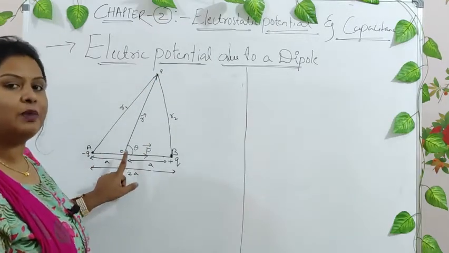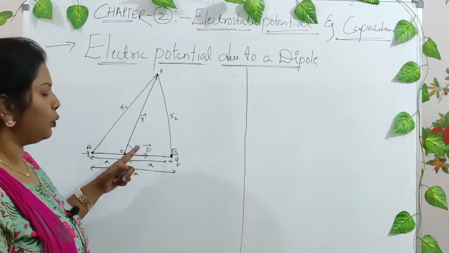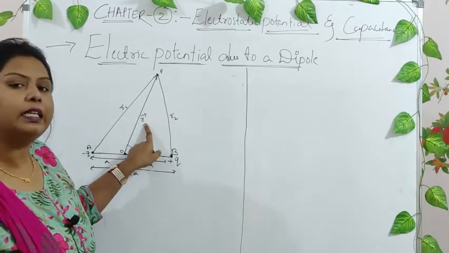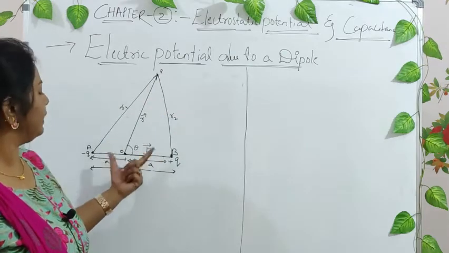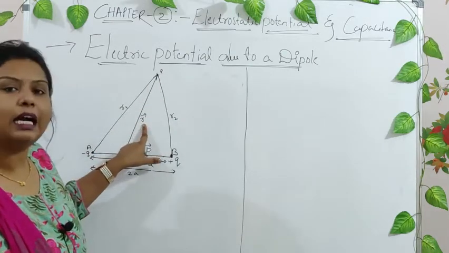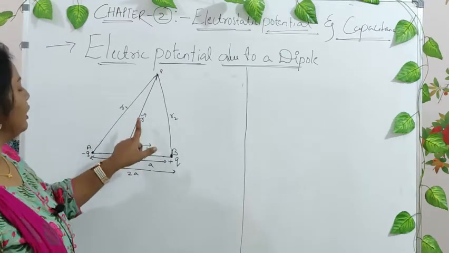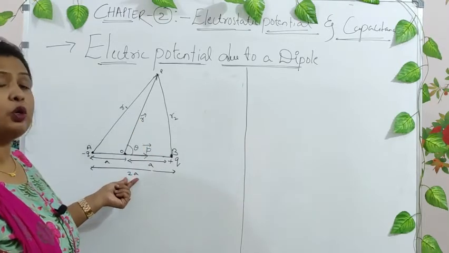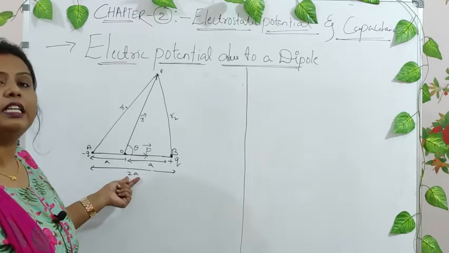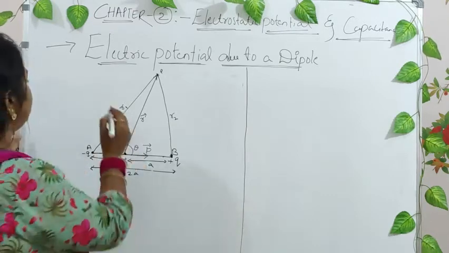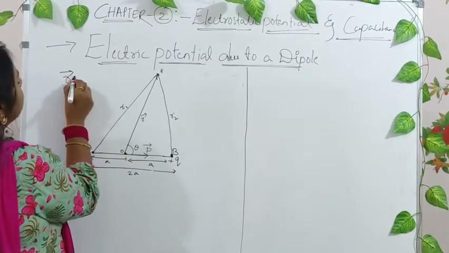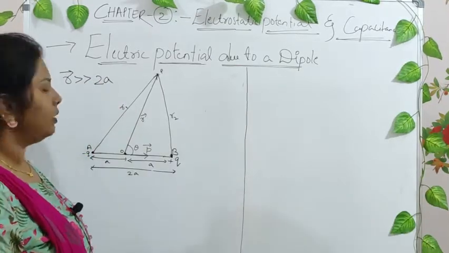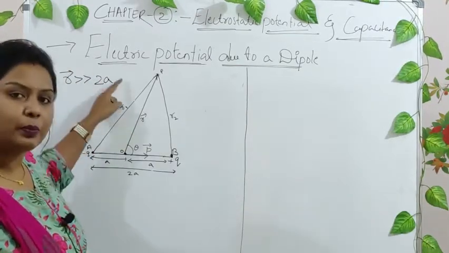When considered from the center of this dipole, the point is located at a distance of r. What is the distance between the point and the dipole? It is at a distance r from the center, right? Now this distance r is so large when compared to the distance between the dipole charges. What it means is, r is much greater than 2a. Did you get what this means, right?